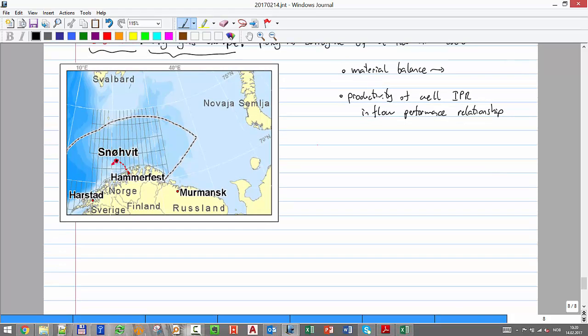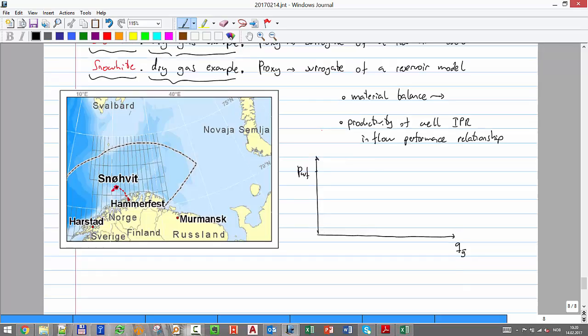So IPR, if you remember, is a curve that tells you which rate, remember, at standard conditions, you will obtain from the formation if you apply a certain flowing bottom hole pressure.